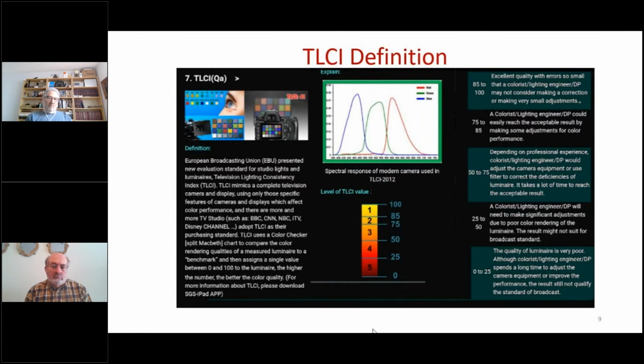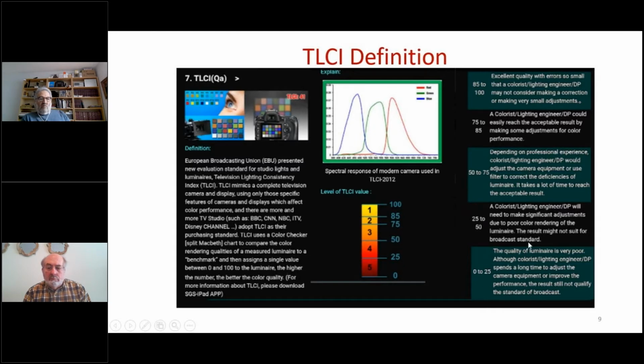So if the value is high, close to 100, it means that that particular light works very well with the television camera. So 85 to 100 is excellent quality with error so small that even a lighting engineer could not find it. 75 to 80, it needs a little adjustment. 50 to 75 may need a filter and more adjustment, and so on.